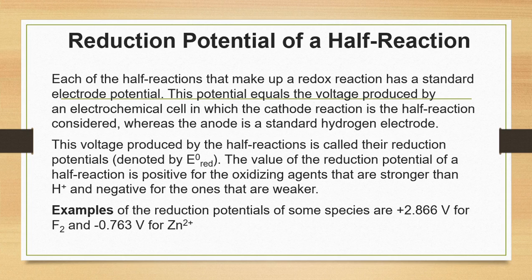The value of the reduction potential of a half reaction is positive for oxidizing agents that are stronger than H+ and negative for the ones that are weaker. Examples of the reduction potentials of some species are plus 2.866 volt for F2 and minus 0.763 volt for Zn2+.